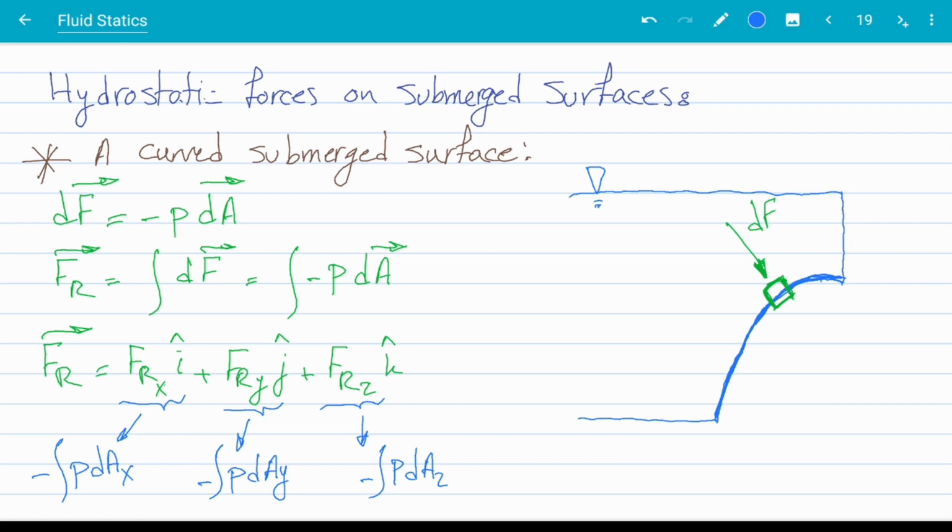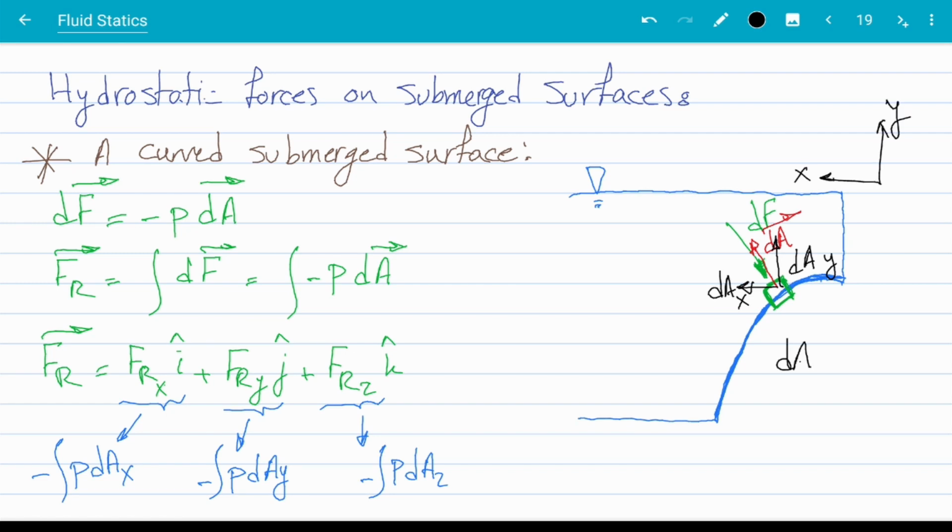Now, what are these x, y, and z components of an area vector? So if this is the area vector, dA, then like any other vector in a 2D space, like the one that I'm drawing here, it will have two components: dAy, for example, and dAx, if this is the coordinate system that we are using.